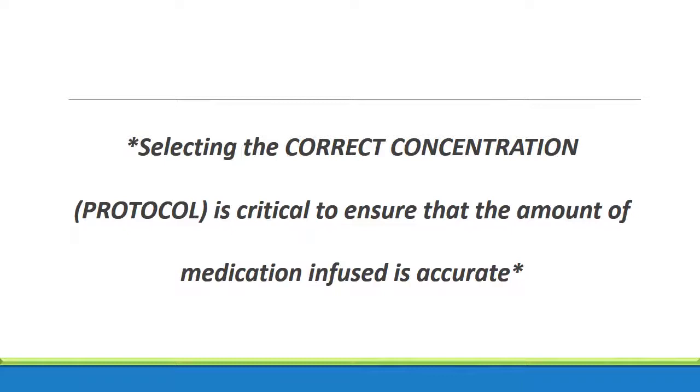Smart pumps, such as the CADD Solis VIP, are loaded with a dose error reduction software, which employs safeguards for each drug selected in the library. These safeguards are only as good as the person programming the pump. All safeguards fail if we choose the wrong drug or concentration and protocol.